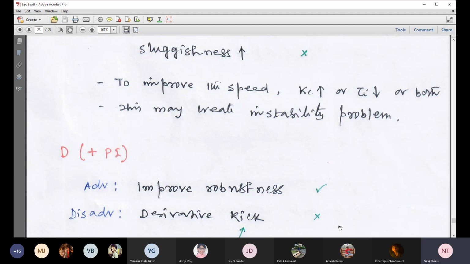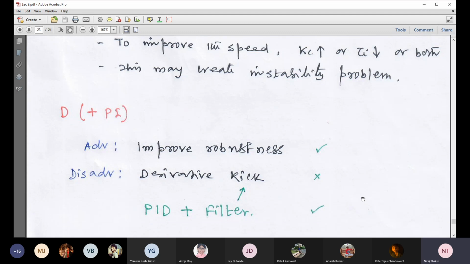How to take care of this issue, derivative kick? Just recall, we discussed this. We can add one filter to make the controller proper. To make the controller, particularly the derivative term, proper, we need to include one filter. That's it.